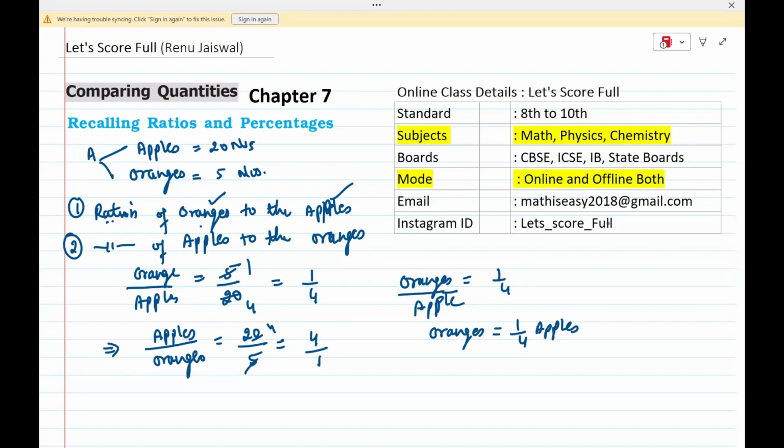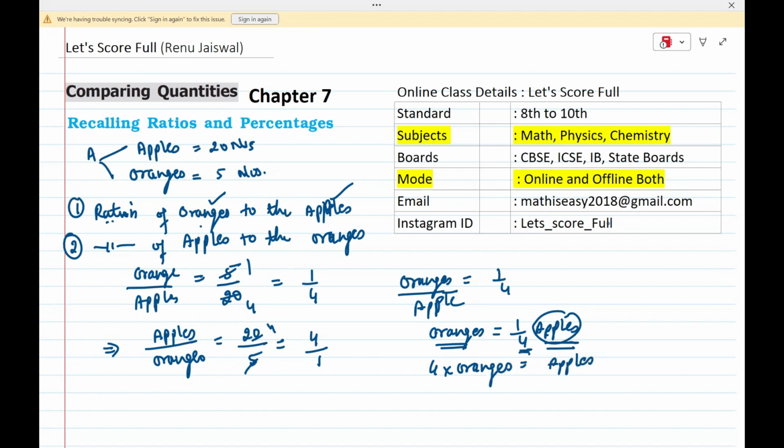If I want to say that in a statement, I will say the number of oranges is 1/4 of apples. Or if you want to know the apples, take this 4 towards the left. So 4 into oranges is equal to apples.